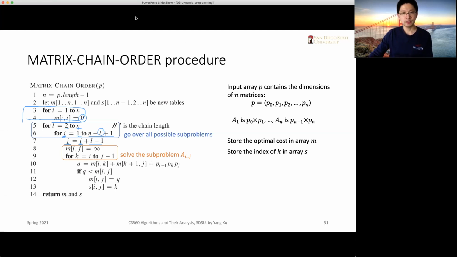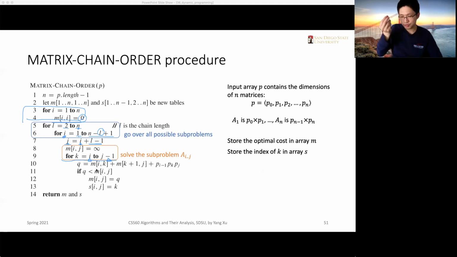We use another loop, where the loop counter k iterates from the left end to the right end, from i to j minus 1, because given the subproblem from i to j, we want to go through all possible ways to split that subproblem.